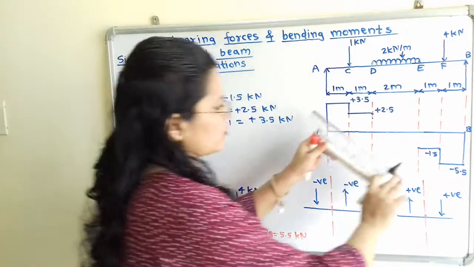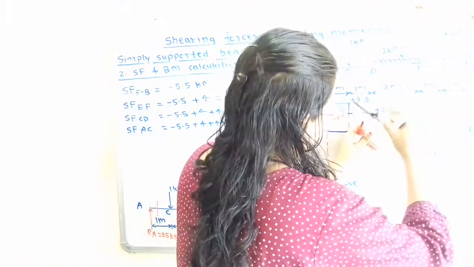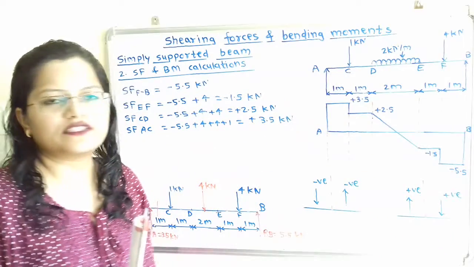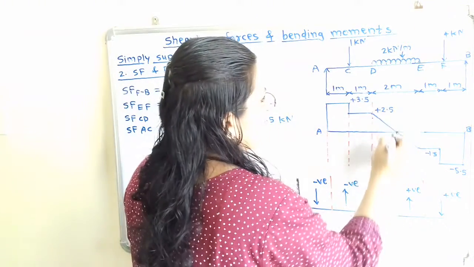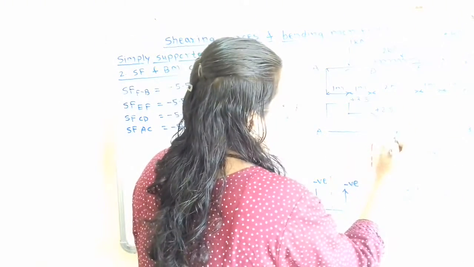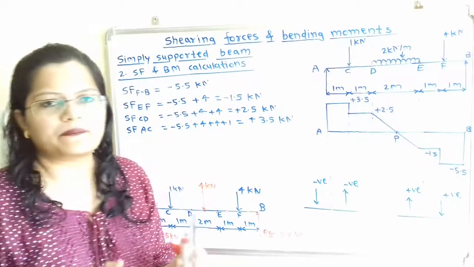That means we have to show here a straight inclined line. So this is due to the uniformly distributed load, and here is the point of intersection. So suppose I will consider this point of intersection to be P.